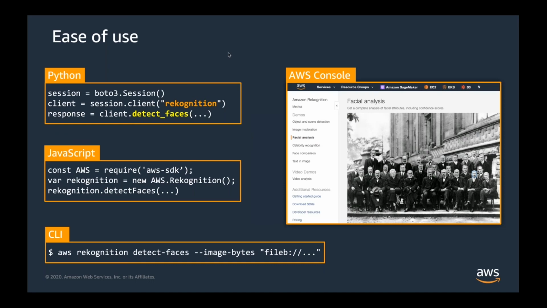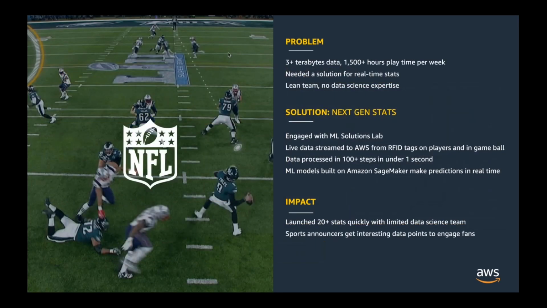And then the last thing over here, I wanted to showcase a use case that I thought was pretty compelling. The NFL wanted a solution to provide real-time statistics, and they were collecting quite a bit of data every week, right? So 3 terabytes of data, over 1,500 hours of play, and they didn't have any data science expertise or a team for this.